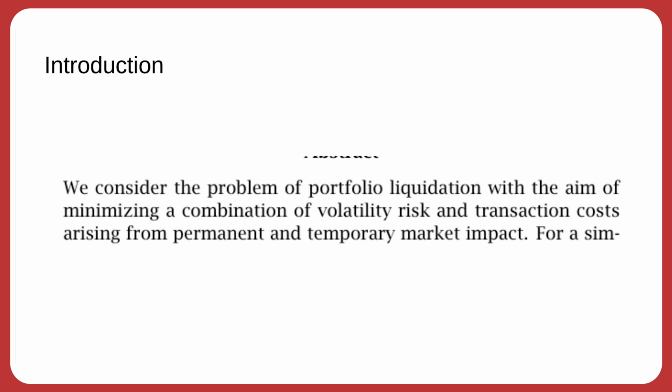Meaning, when you do the trade, you lift the market up if you're buying, or you push the market down when you're selling. So the question is, what can we do in order to reduce and minimize the impact of our trading?